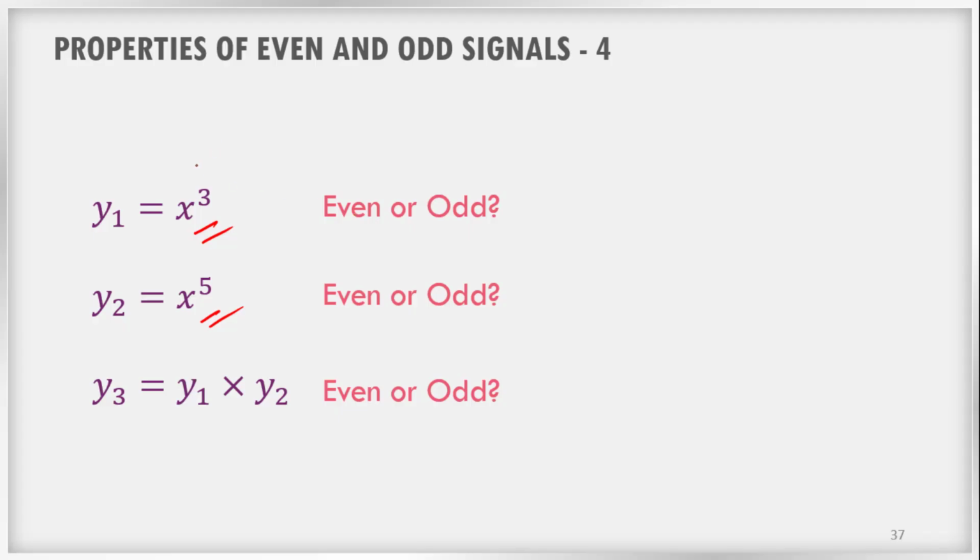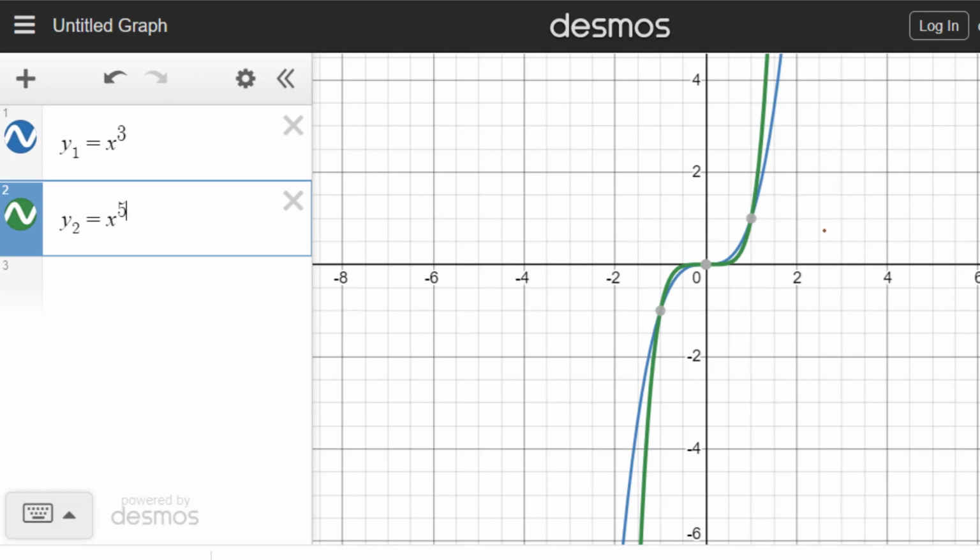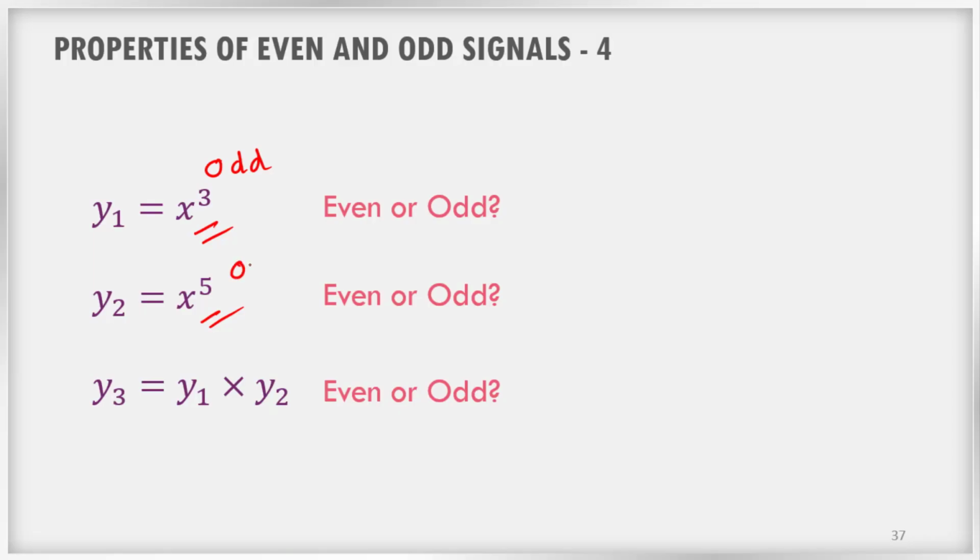Any signal which takes the shape of y1 equal to x cube is an example of an odd signal. For y2 equal to x power 5, this green color signal is also an odd signal because it has vertical anti-symmetry.